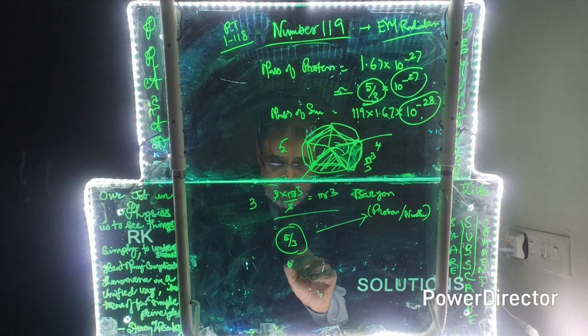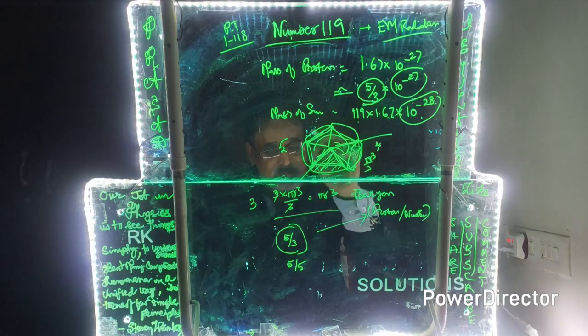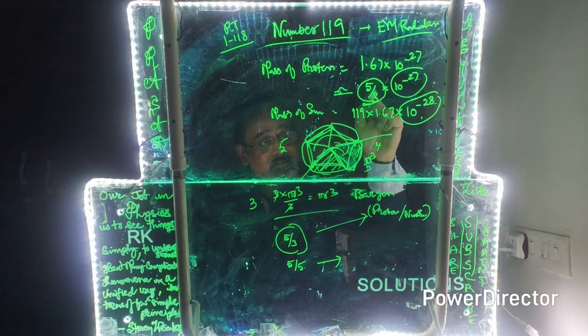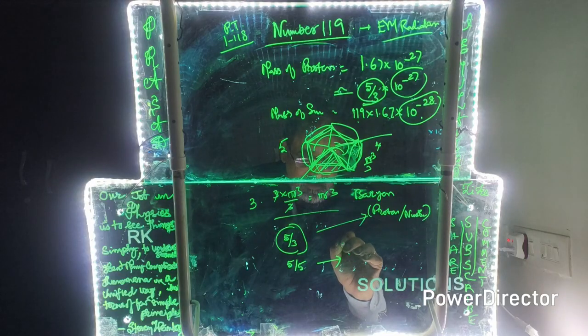If you take 5 by 5, the whole thing, then what should it ideally give? In my opinion, this is the mass of proton, and what imparts mass to particles?